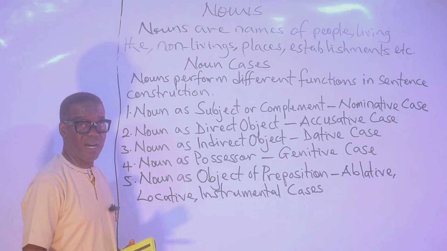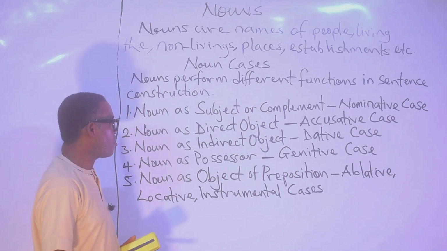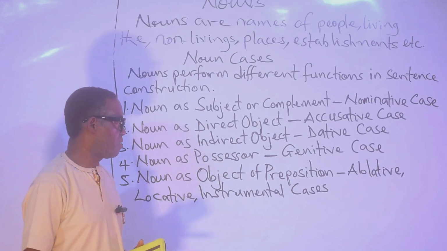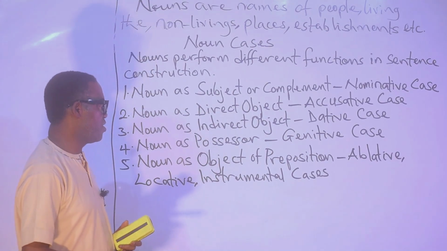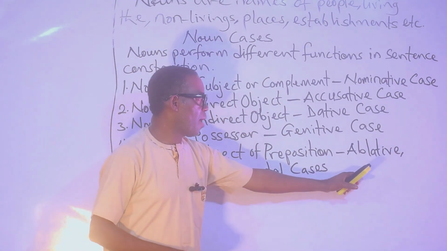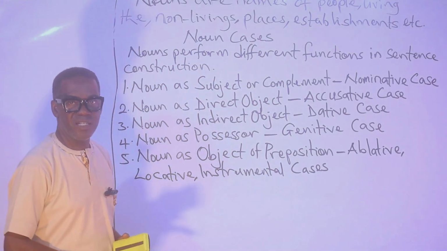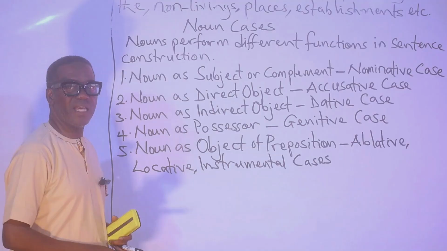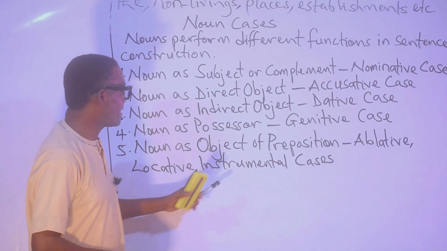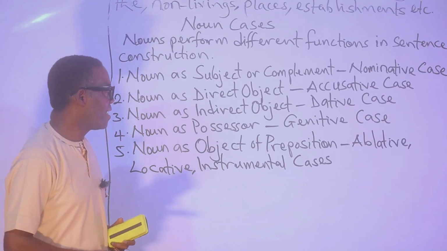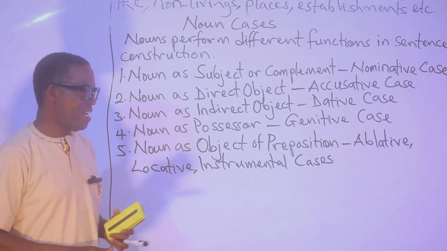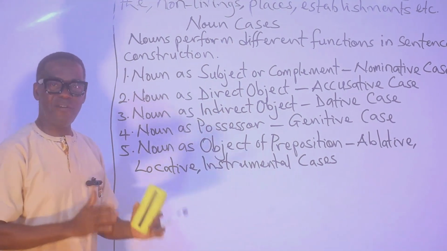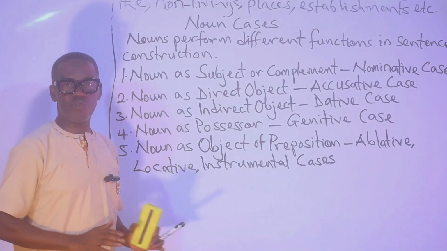The last one, number five, a noun can function as object of preposition. It can be ablative case in Hebrew, locative case, and instrumental case. Now we're going to look at these Hebrew cases one after the other with illustrations.